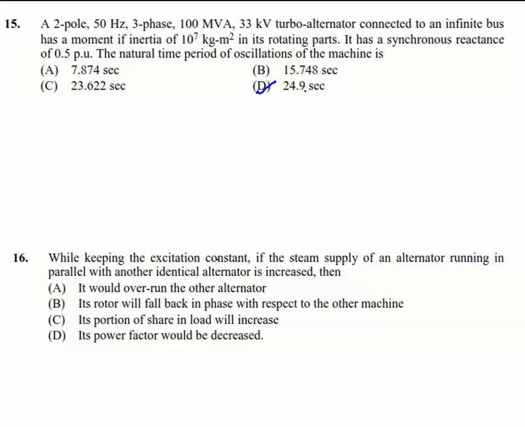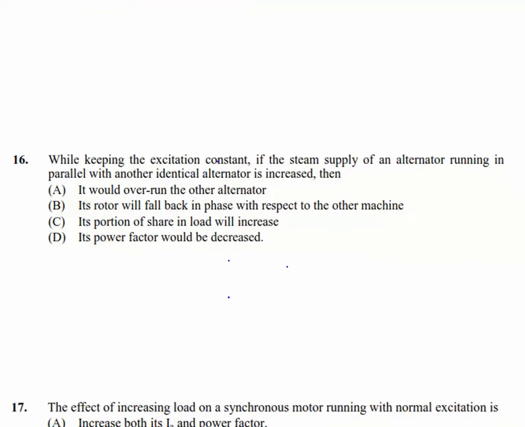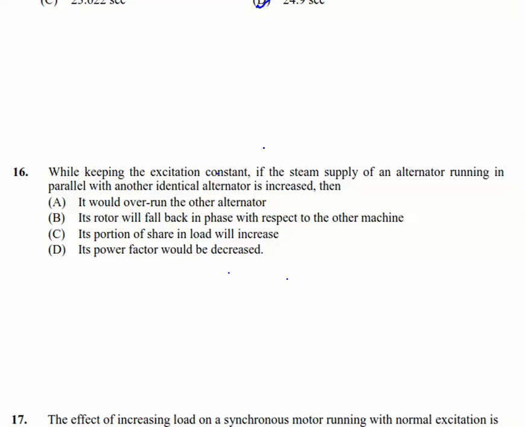And the next question, in the 16th one: while keeping the excitation constant, that is, the kVAR is constant, if the steam supply of an alternator running in parallel with another identical alternator is increased, that means the steam supply is increased for one alternator, this will cause an increase in kilowatt, that is, the power supplied by the machine will increase here.